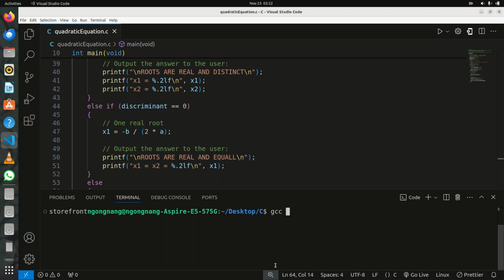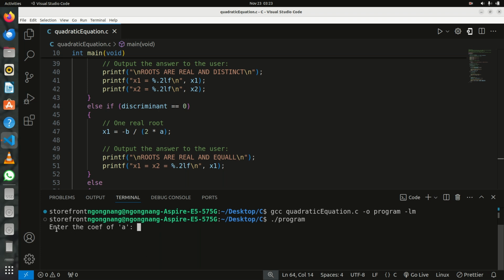I'm running at the command prompt, the quadratic equation program, and that's what it is running.